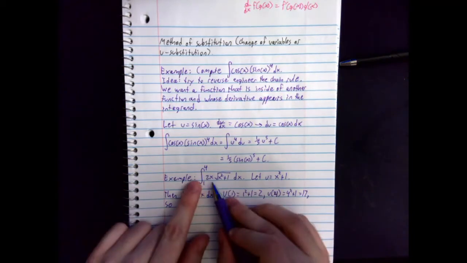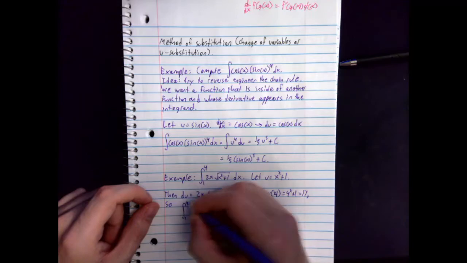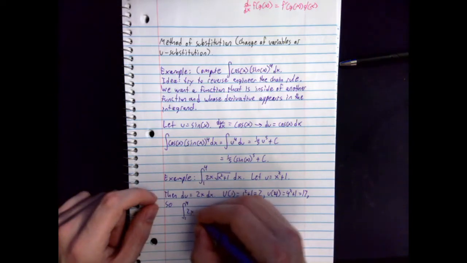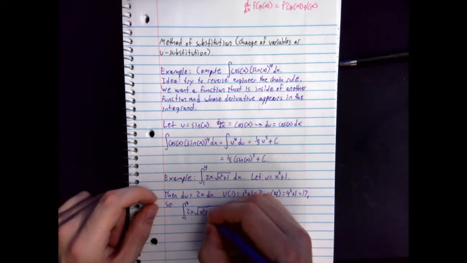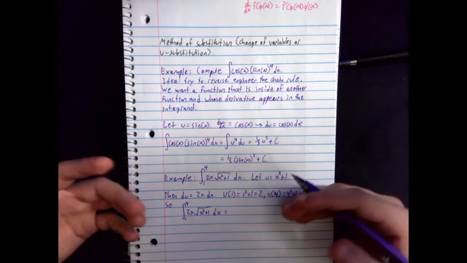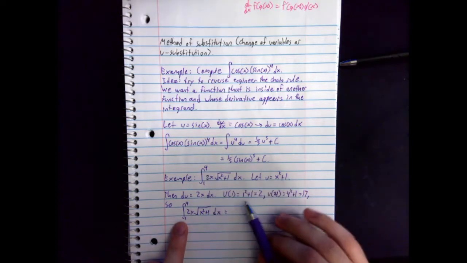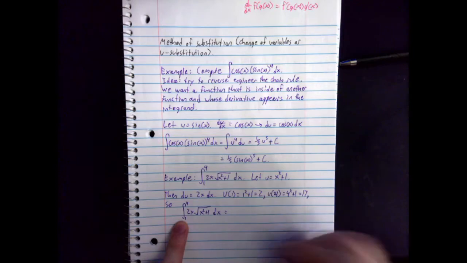So now I just rewrite my integral. So the integral from 1 to 4 of 2x times the square root of x squared plus 1 dx. Now I just put in all the information that we have. So the integral now, instead of going from 1 to 4, it's now going to go from 2 to 17.